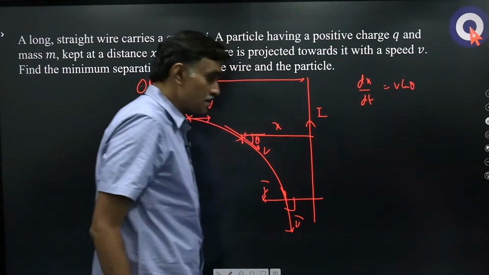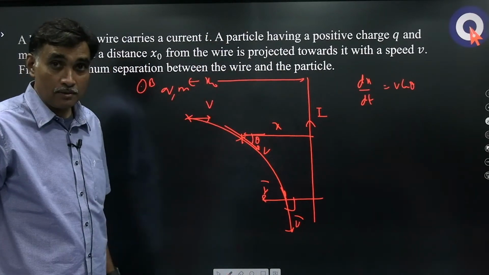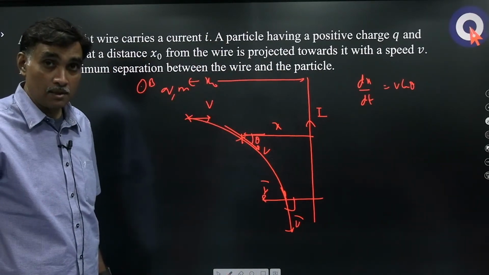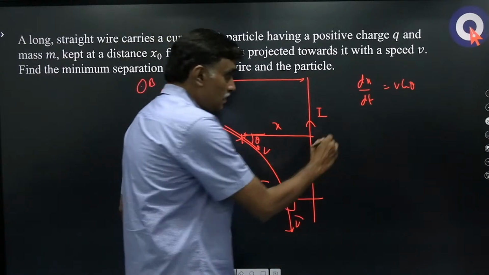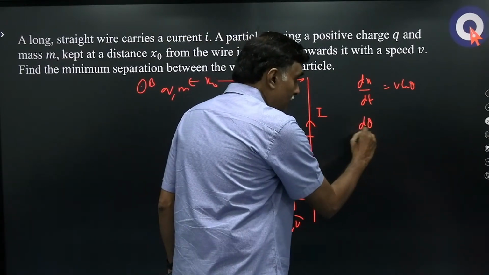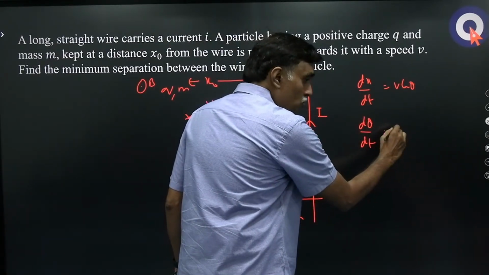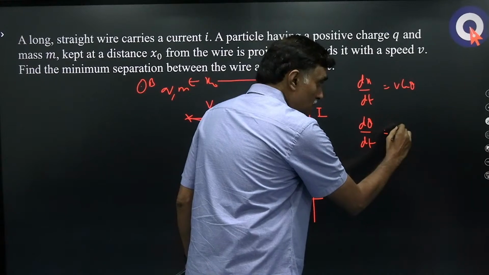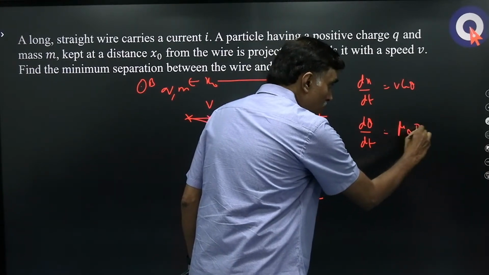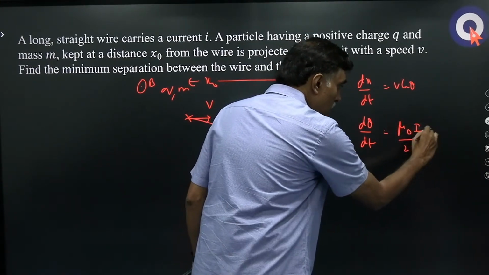V cos theta is dx by dt. Okay. Then what is omega? Bq by m. That is d theta by dt. That is Bq by m at that instant. What is B? Mu naught I by 2 pi x into q by m.